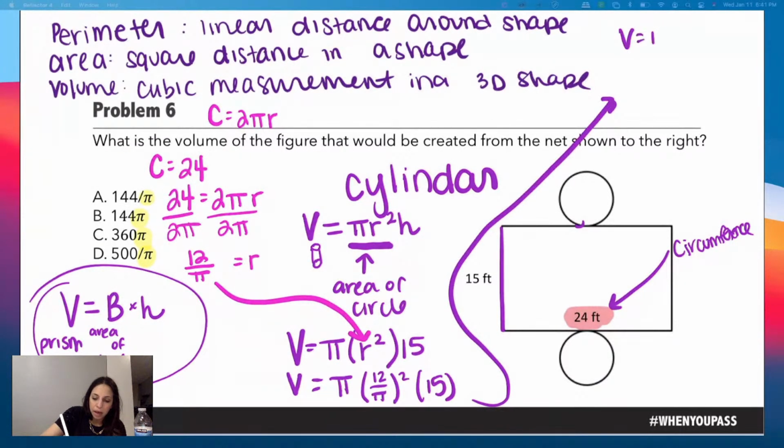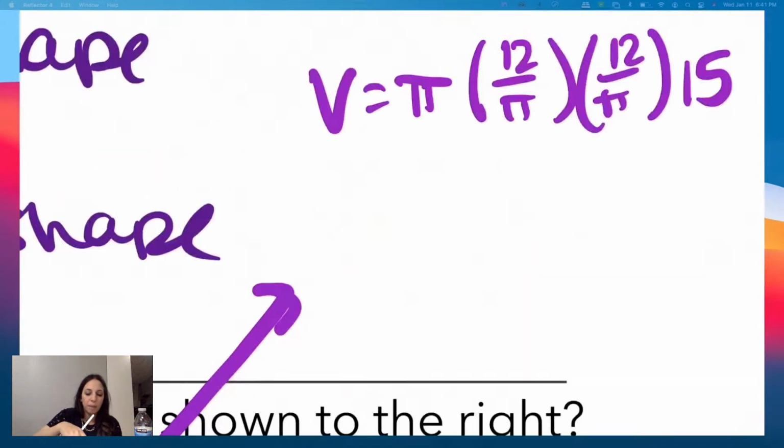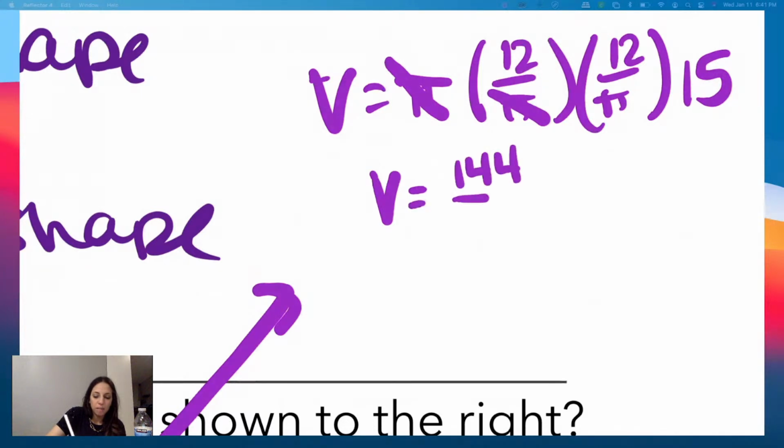Volume equals pi times 12 divided by pi times 12 divided by pi times 15, because 12 divided by pi squared is 12 divided by pi times 12 divided by pi. 1 pi cancels with 1 pi. So V equals 144 divided by pi times 15.